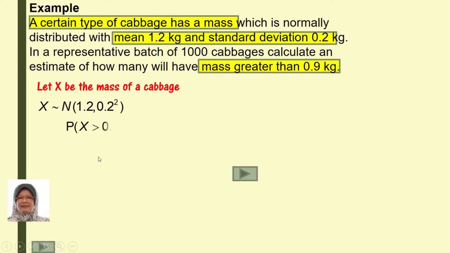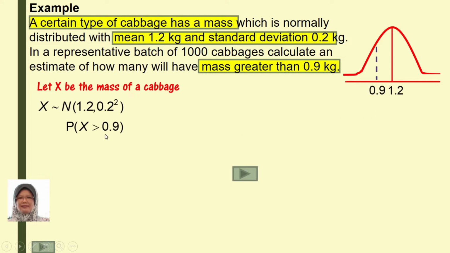So we can write P(X > 0.9). We draw the graph of P(X > 0.9) with mean 1.2, and we draw the line at 0.9. The area is greater than 0.9.